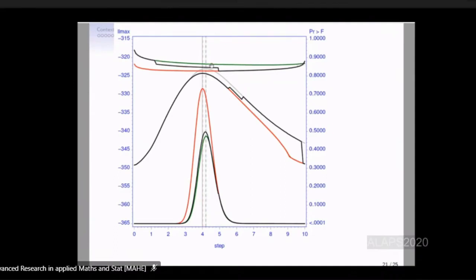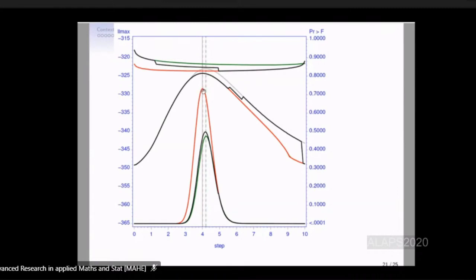But there's no guarantee that any of these is actually the maximum. This is the maximum among the ones we looked at, among the Fisher scoring and starting value results that we looked at. The vertical lines indicate where peaks occur, and the solid lines, you really can't see them. The gray, the maximum overall, peaks at a solid line between two dashed lines here.